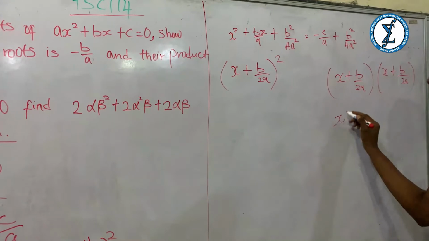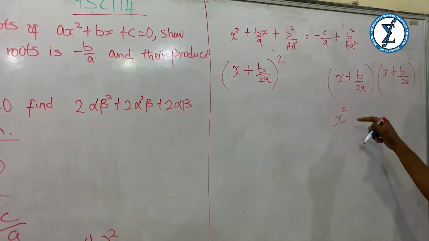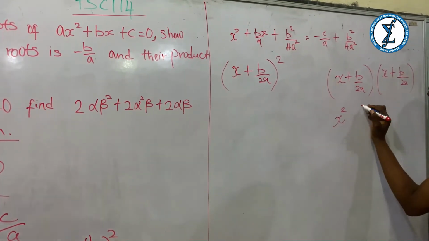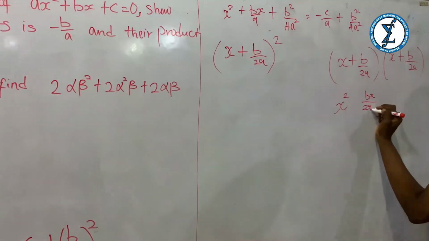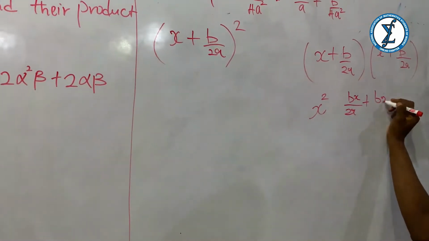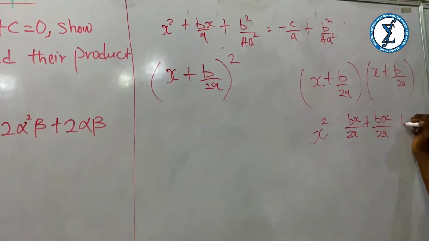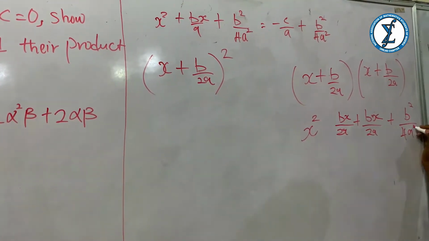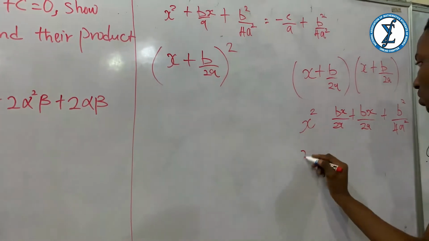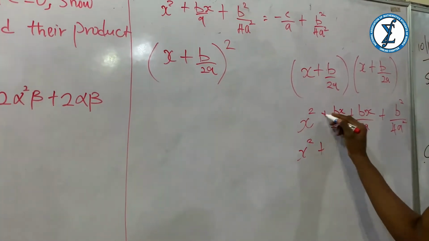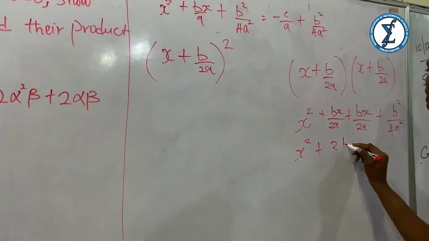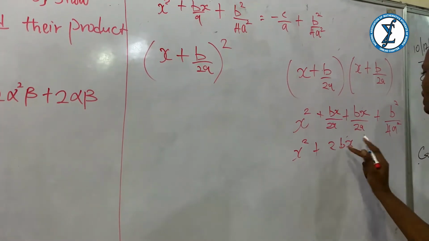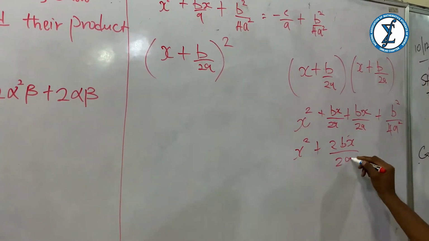If I quickly multiply, I'll have what? This, and then I'll have bx over 2a plus bx over 2a plus b squared over 4a squared. If I add these two things, I'll have x squared plus 2bx over 2a.